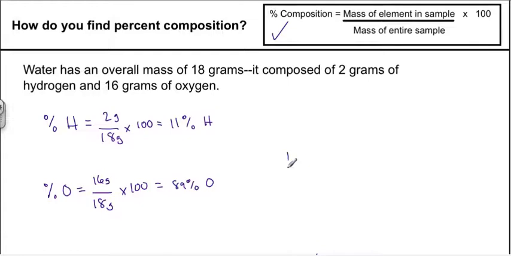So if you just want to check your work, you would do 11 plus 89. That equals 100. So I check it off and I'm good to go. If it didn't, then I'd go back and make sure that I rounded correctly, or check and see if I did round incorrectly, to see why I got the answer that I got.